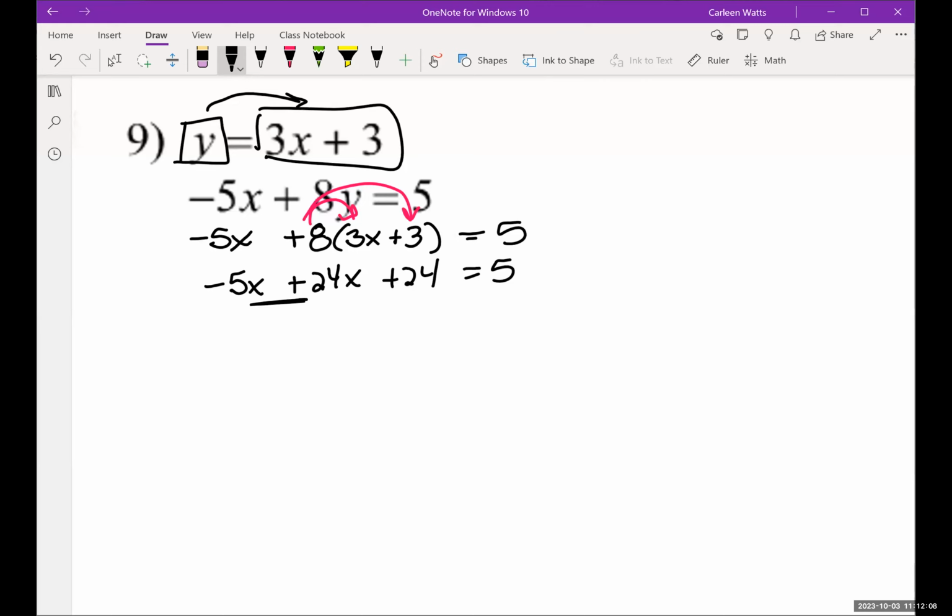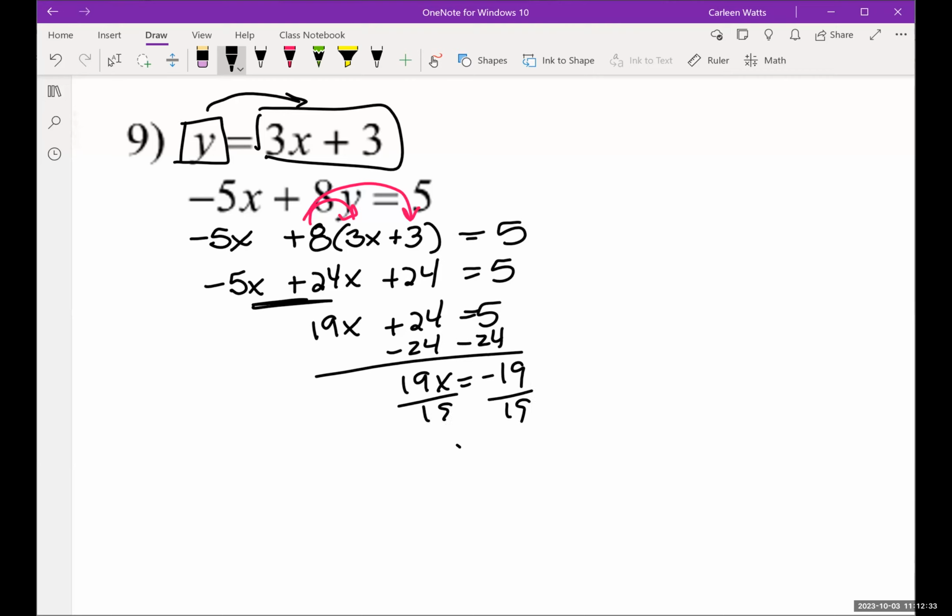Okay, let's combine like terms. Oh, good. Phew. Okay, that's weird. Let's subtract 24. 19x is equal to negative 19. Divide by 19, x equals negative 1.